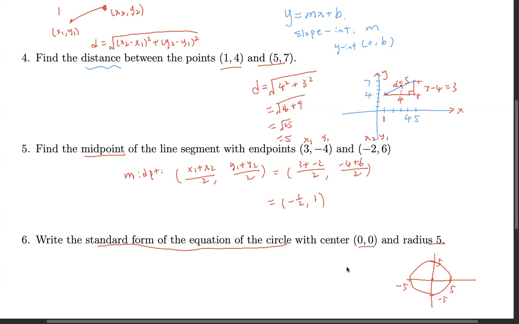So for the standard form, we also use the Pythagorean theorem, right? Just imagine this is any point. Let's call it x, y. In this case, this is a special case because the center is at the origin. It doesn't have to be centered at the origin, right? We could have a circle anywhere. Let's say the center is h comma k.